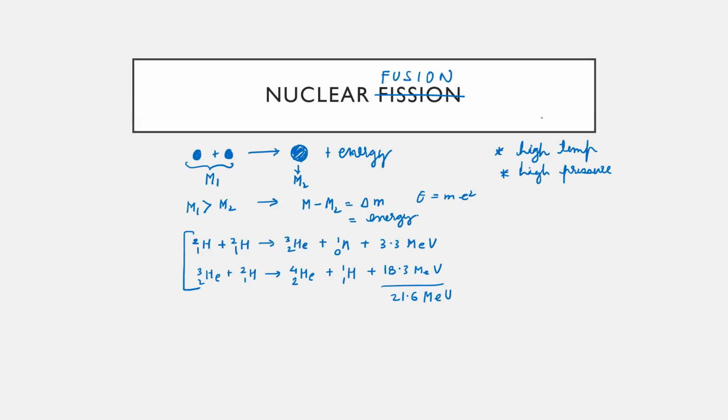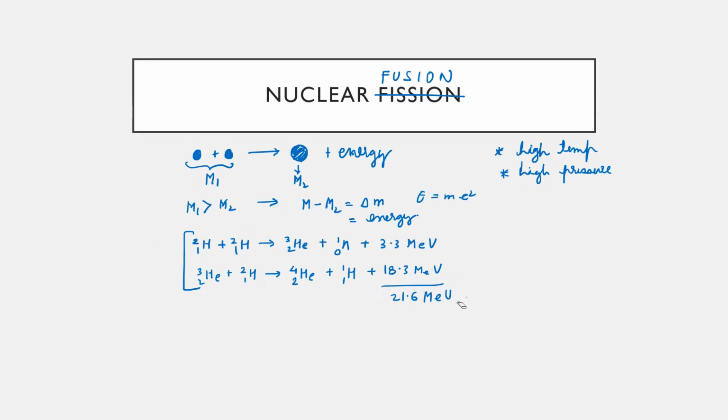That is what happens on the stars, where nuclear fusion happens, and that is where the stars get their energy. Also, the destructive weapon like a hydrogen bomb uses this reaction and gives a lot of energy.